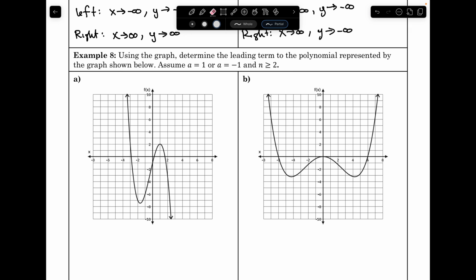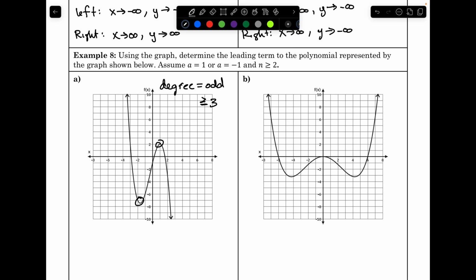Since the two ends are pointing in opposite directions, as you see right here, I know that the degree has to be an odd number. And because of the number of turns, 1, 2, I recall from the first lesson 5.1 that the degree has to be at least 3. 2 plus 1 is equal to 3. So you see an odd number.